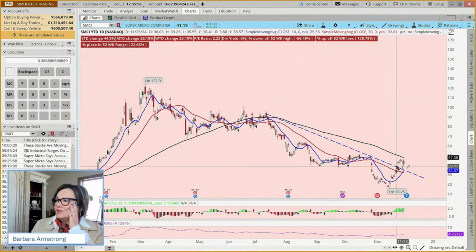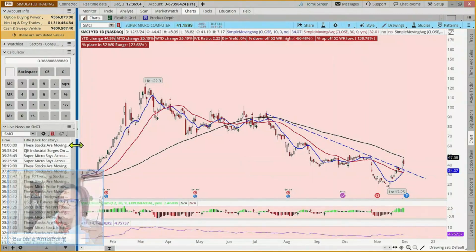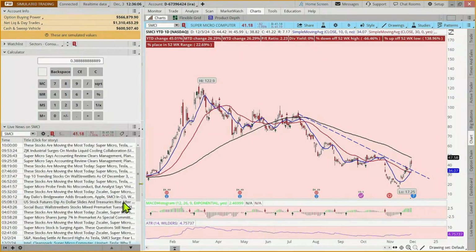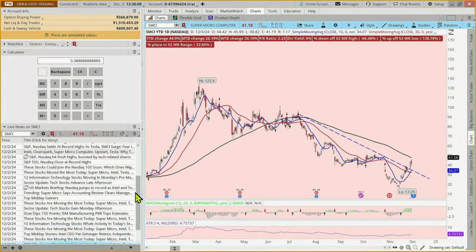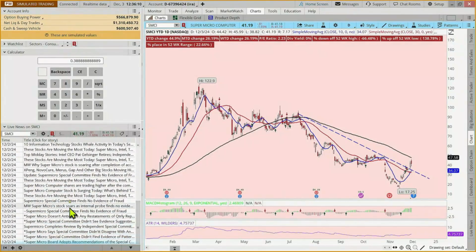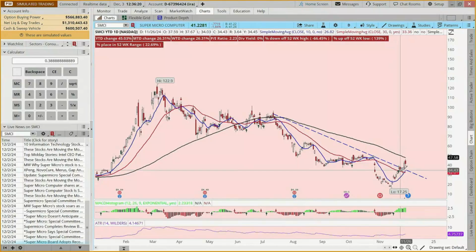And so how much are we going to trust this? Well, if you go and look at the news, there was some type of litigation. And yesterday it was announced that there's no evidence of fraud. Some of their executives were accused of fraud.